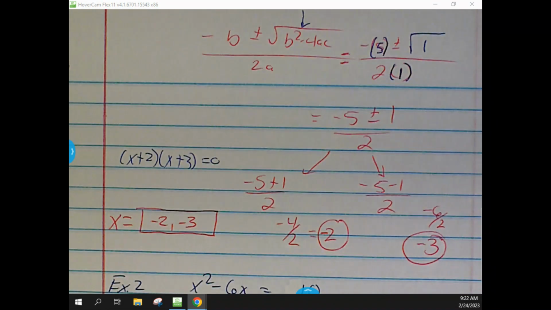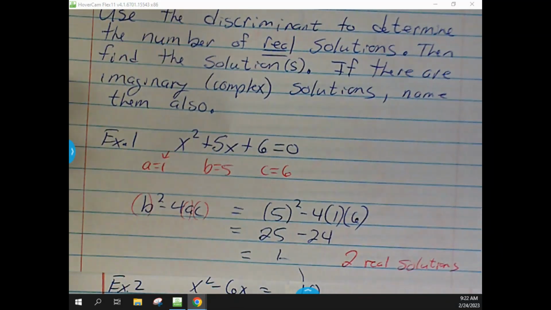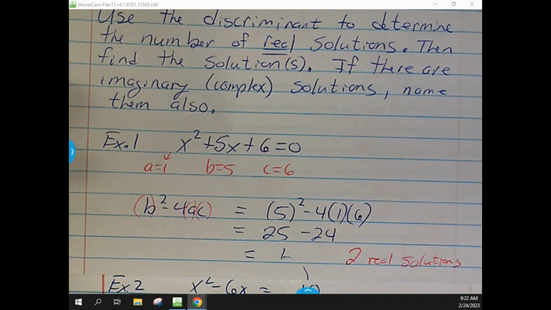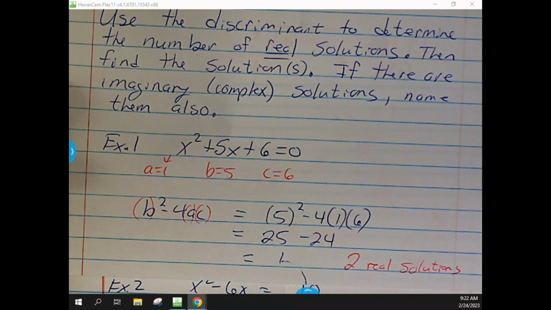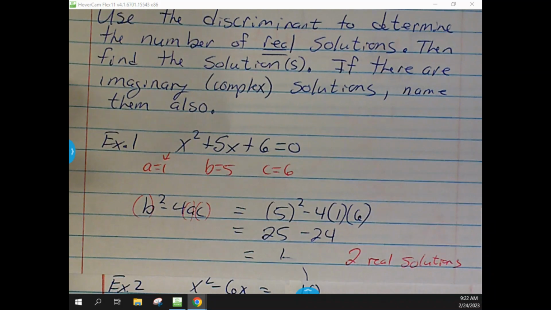So even if they tell you to use the quadratic formula, if you look at something and go, well, I can factor this thing, go ahead and factor, because factoring is going to be a lot easier than doing this. I just wanted to give us an easy one to practice on. So if you get a problem and you're like, well, I can factor that, then factor it. Don't use the quadratic formula, because it's going to be 3, 4, 5 times as long as the non-factoring way.